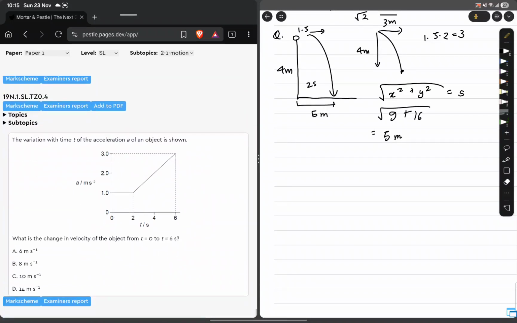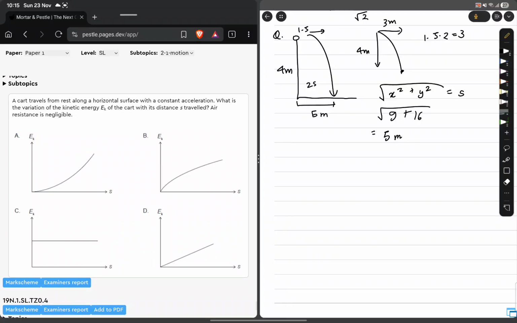Alright, is this the last question? Second to last question. Final push. A cart travels from rest along a horizontal surface with constant acceleration. What is the variation of kinetic energy of the cart with its distance s traveled? Air resistance is negligible. Alright, so it's the kinetic energy, and this is the displacement.